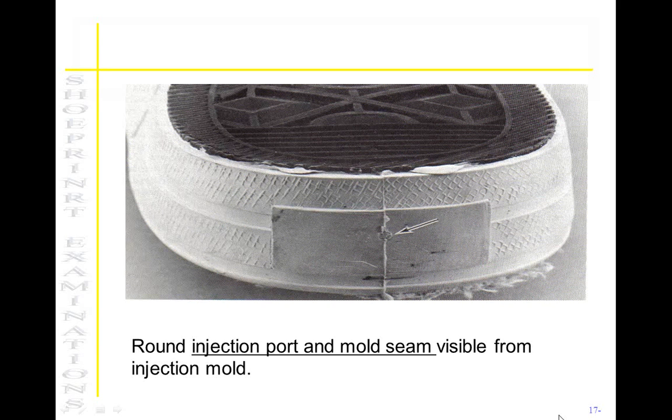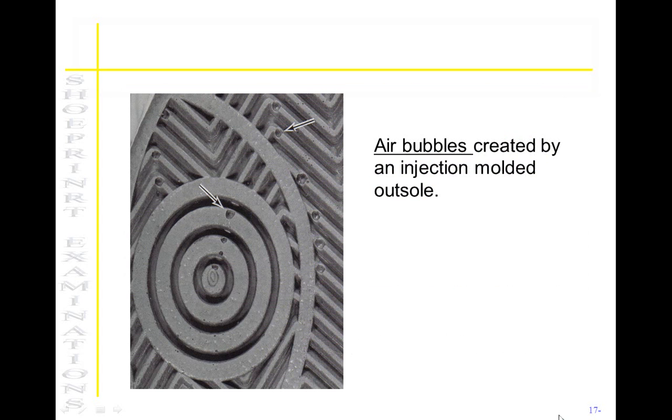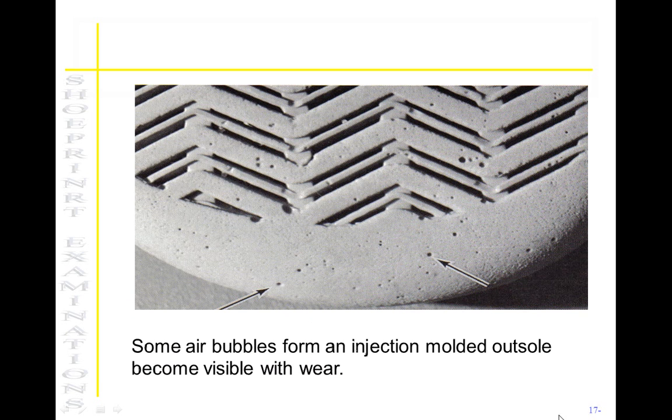Shoes that are produced through a mold system may actually have a visible injection port and mold seam. And also ones that are molded may also contain air bubbles. However, some air bubbles may be visible because of obvious wear.